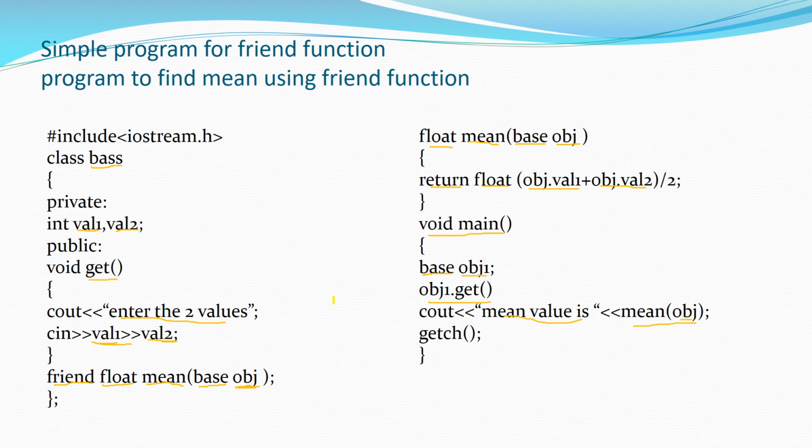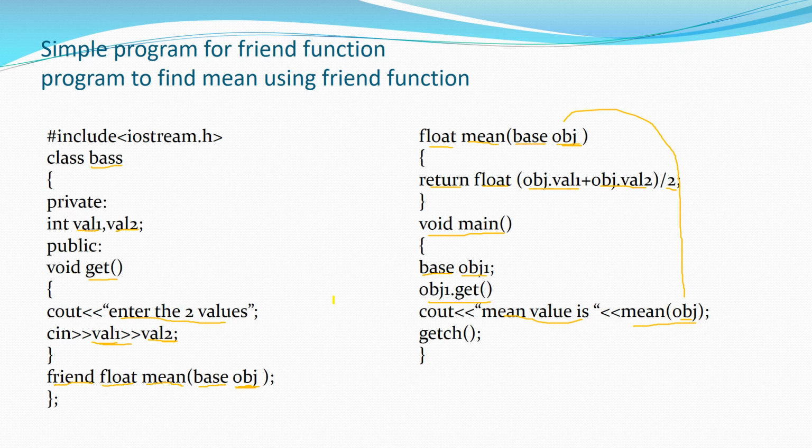If suppose I have taken object dot value 1 as 10, which I have passed, and object dot value 2 to be 20. Now 10 plus 20 equals 30. 30 divided by 2, the mean value, which is stored as 15 in the object, is returned, and it presents the result here as the mean value is 15.